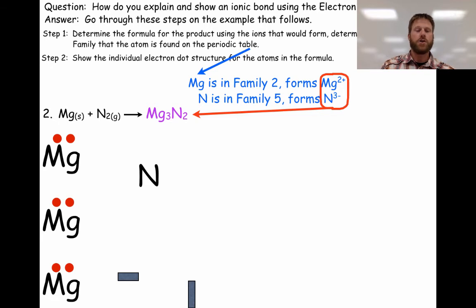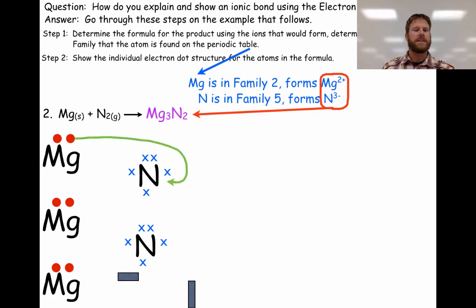And I need to draw 2 nitrogen electron dot structures, so they need 5 electrons around them. And we can see that to complete this compound, each nitrogen needs 3 more electrons, and we have 6 electrons from magnesium that can be transferred.